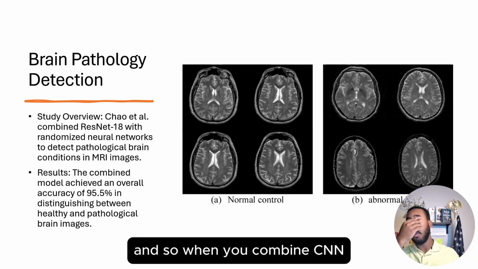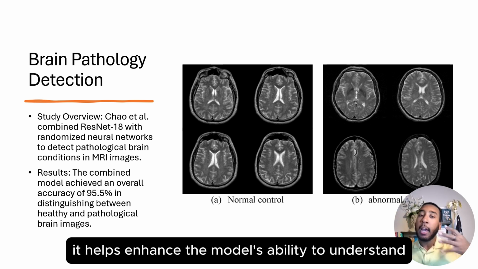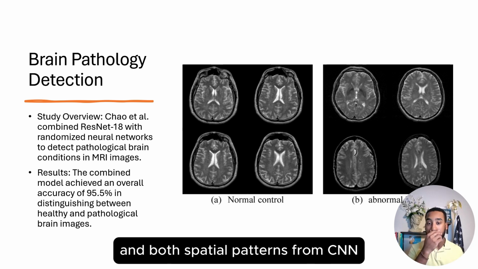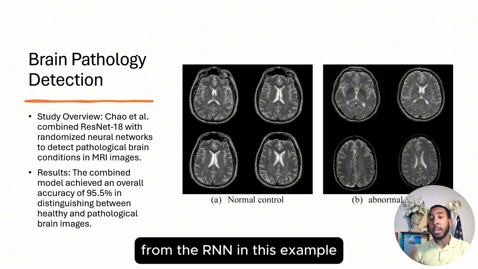When you combine a CNN like ResNet with a randomized neural network, it helps enhance the model's ability to understand both spatial patterns from the CNN and more complex relationships in the data from the RNN.